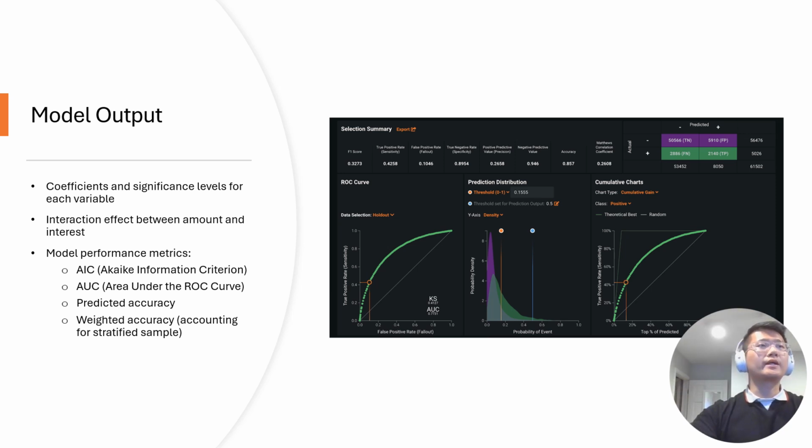We consider the interaction effect between amount and interest. And for the model performance metrics, there are different AIC and AUC values for model predicting accuracy or performance rating. If you want to look more into what AIC and AUC are, feel free to Google it.